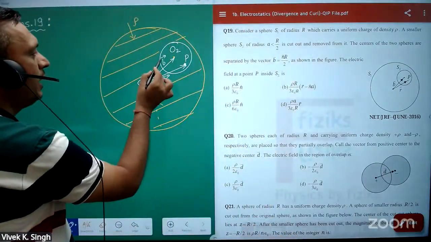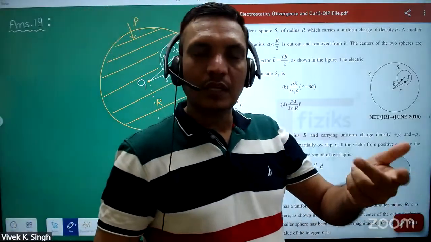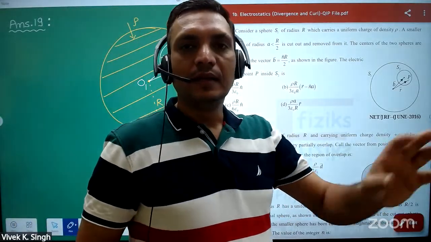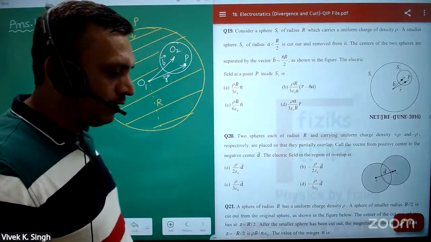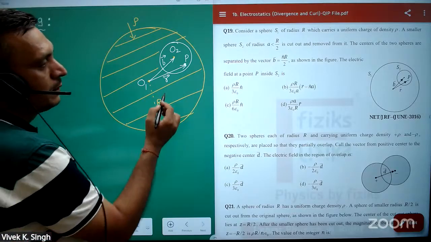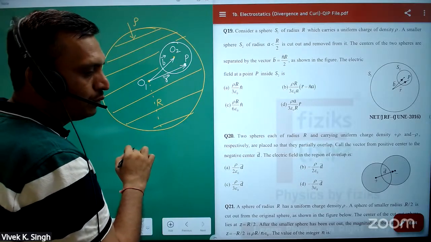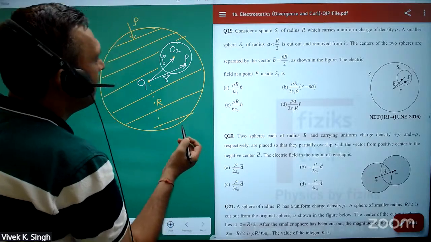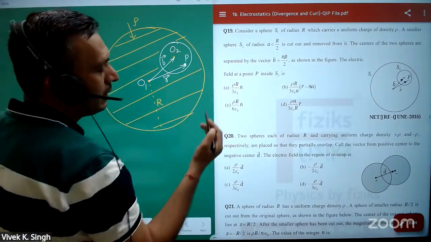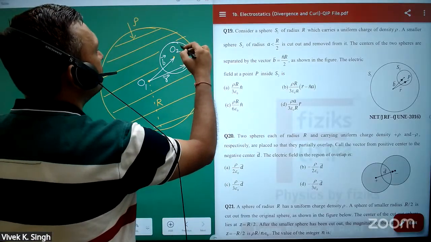If cavity is placed symmetrically about the origin, then because of the symmetry, you can use the Gauss law, and in spherical symmetry, you can find the electric field. But in this case, because it is unsymmetrically placed, you have to assume that you have embedded another dielectric sphere of charge density minus rho.